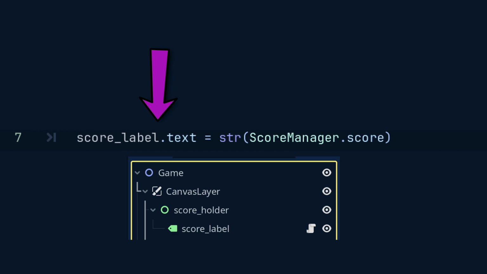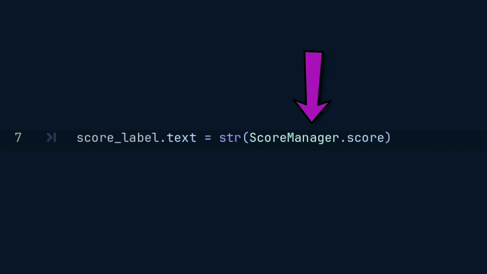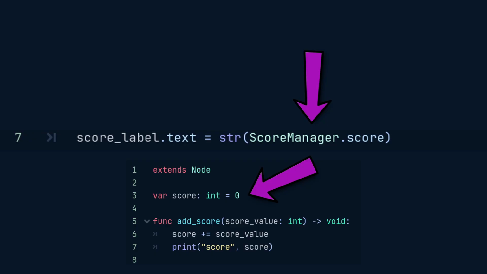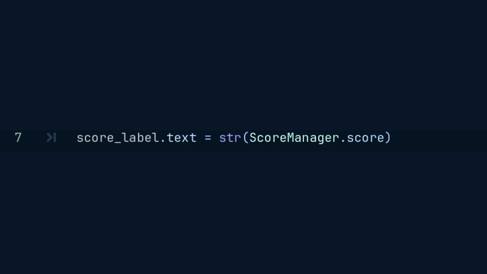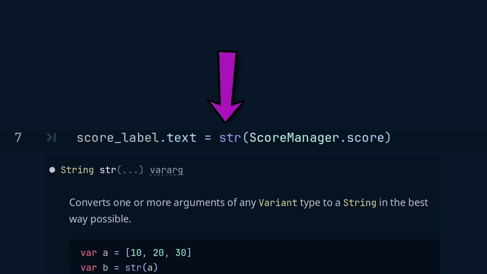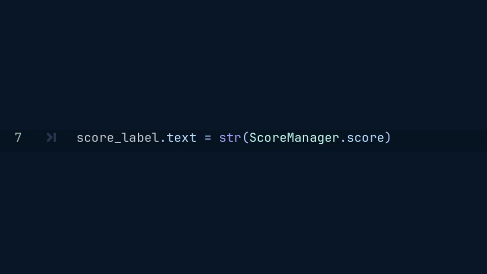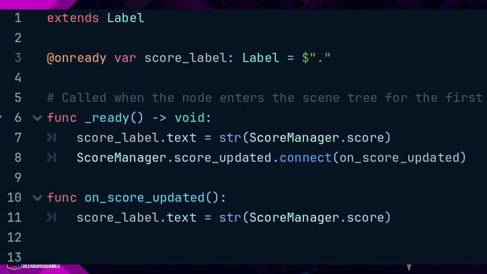ScoreLabel.text grabs the text of the score label, and ScoreManager.score is the score variable stored in the score manager. The str converts that number into text, since labels can only display strings. By doing this, the label on screen shows the latest score value from the game when the game first starts.